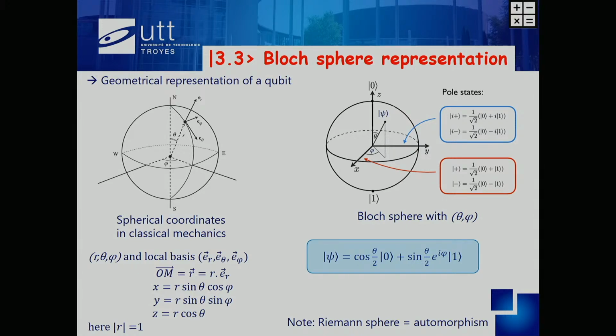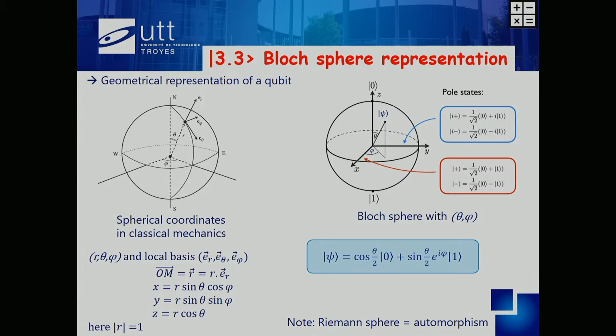It's an automorphism because you basically go from a 3D representation to something that is a 2D space. But there is a similarity between the two.